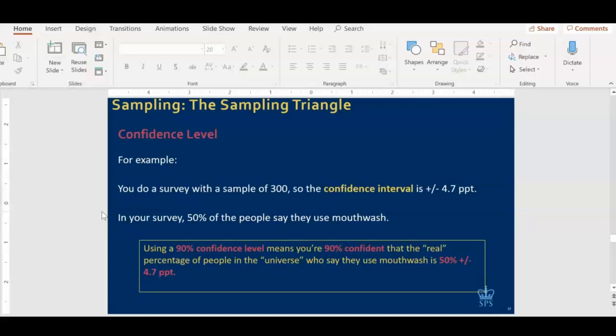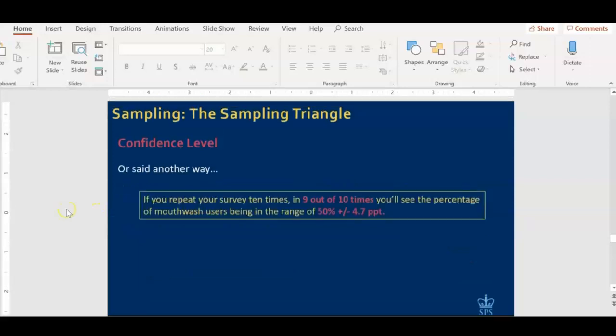Using a 90% confidence level means that I would be 90% confident that the real percentage of people in our universe who say they use mouthwash is 50% plus or minus 4.7 percentage points. So in other words, if I conducted that same research 10 times, I would see those results 9 out of those 10 times, which gives me a confidence level of 90%.